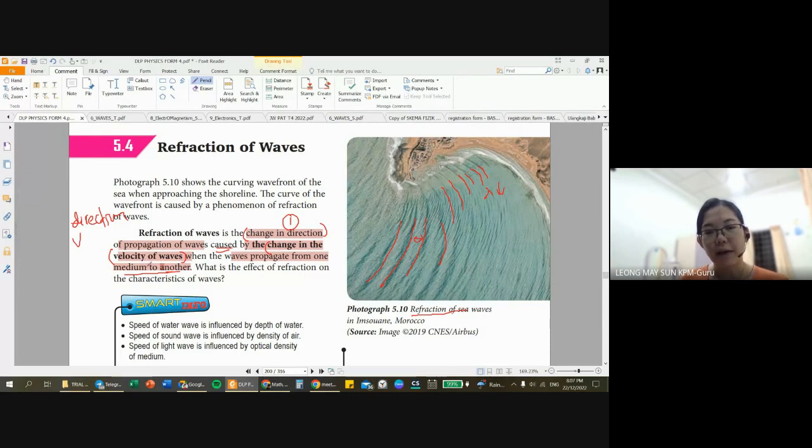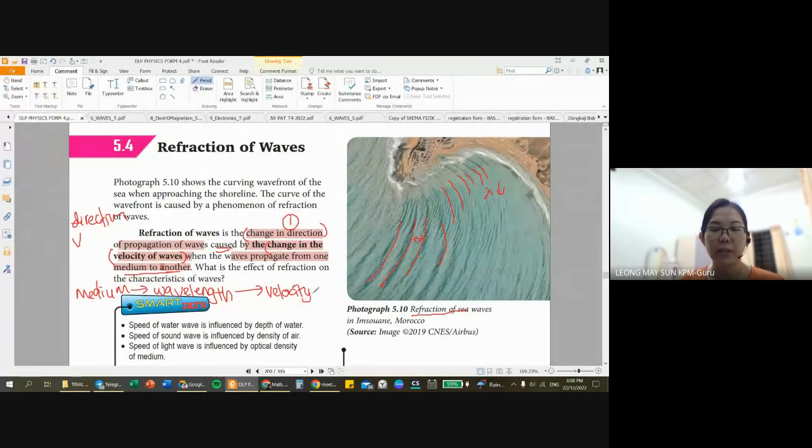So what is the effect from the medium change? When the medium changes, it actually causes the wavelength to change. If you look back at the previous notes of the lesson two days ago, when the medium changes, the wavelength of the waves will change, and when the wavelength changes, it causes the velocity to change.